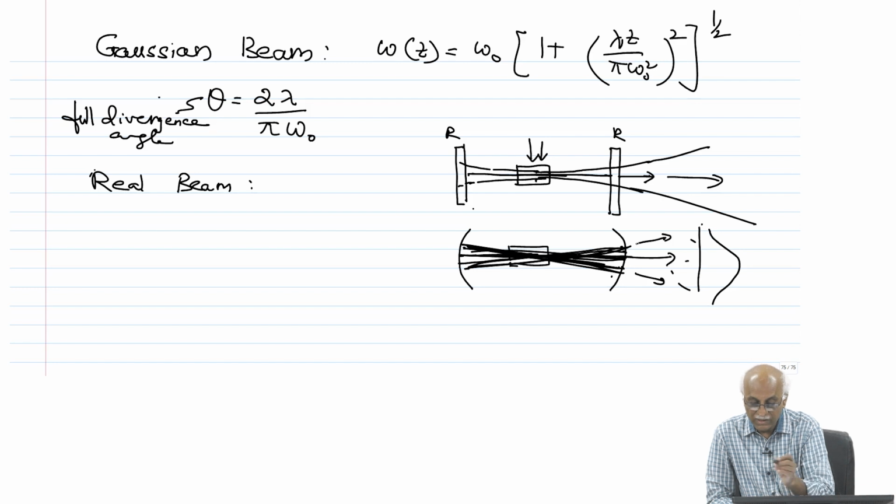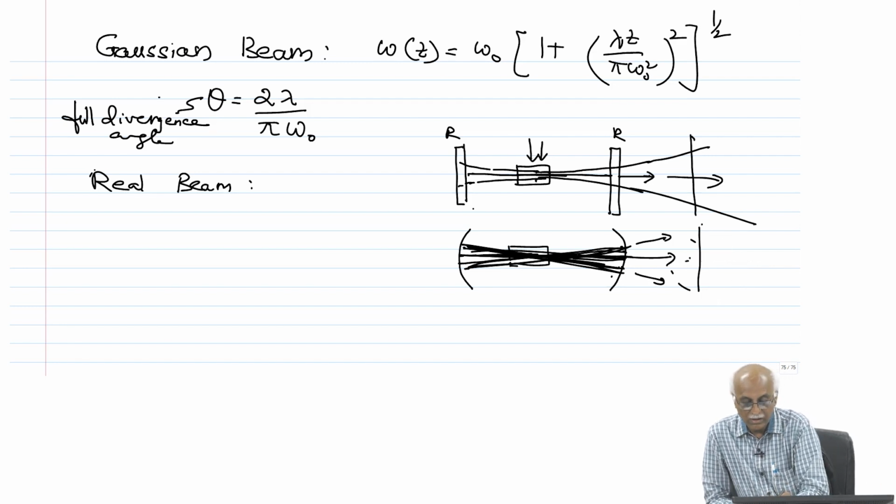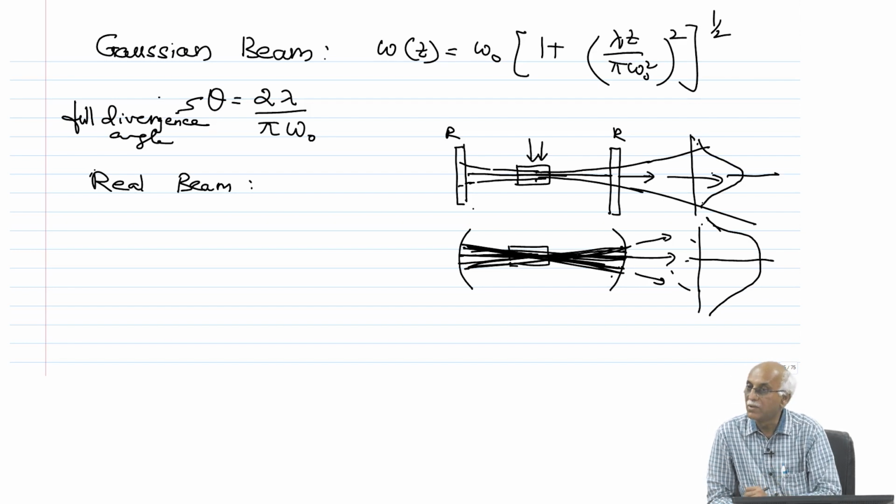If I cut through, the intensity distribution may be like this, I do not know, I am simply trying, while over here it may be like this. It depends upon how the intensity is distributed across.